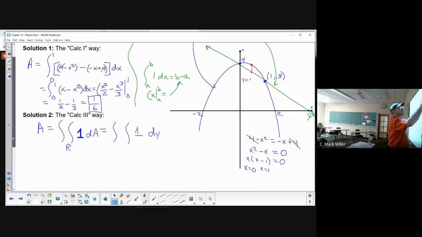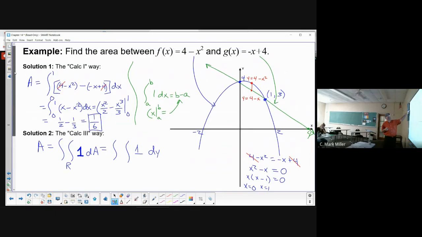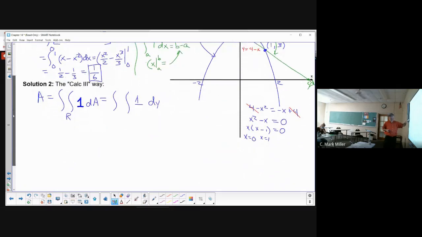Y equals 4 minus x. What's y up at the top? Y equals 4 minus x squared. I wrote it 4 minus x instead of minus x plus 4. You get it, right? So that goes here. The bottom, 4 minus x. The top, 4 minus x squared.